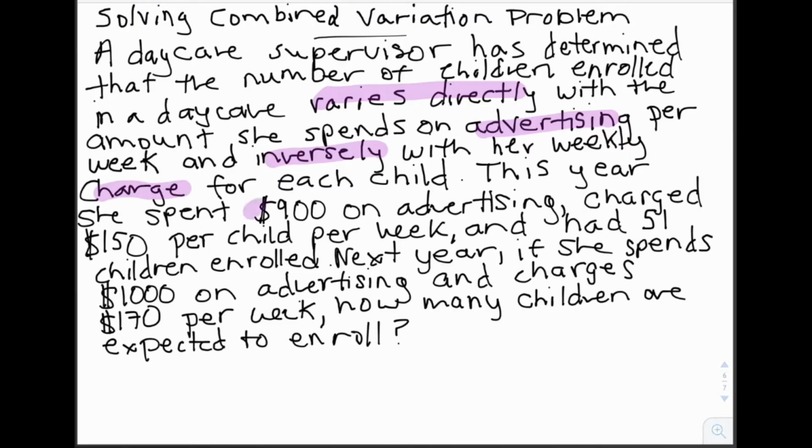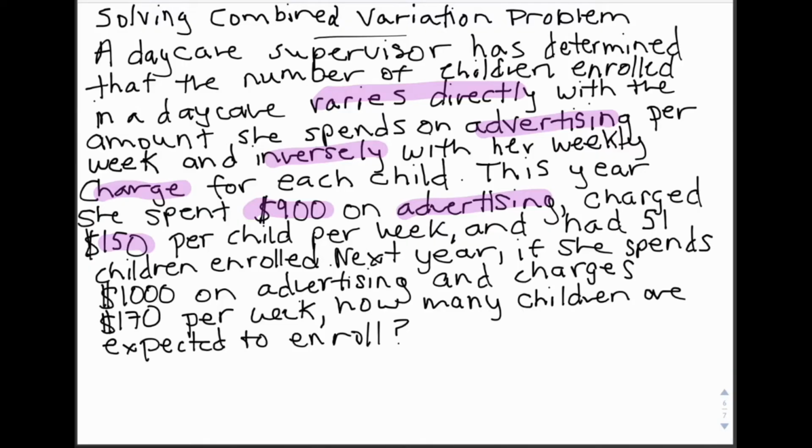This year she spent $900 on advertising and charged $150 per child per week and had 51 children enrolled. Next year, if she spends $1,000 on advertising and charges $170 per week, how many children are expected to enroll in the daycare?